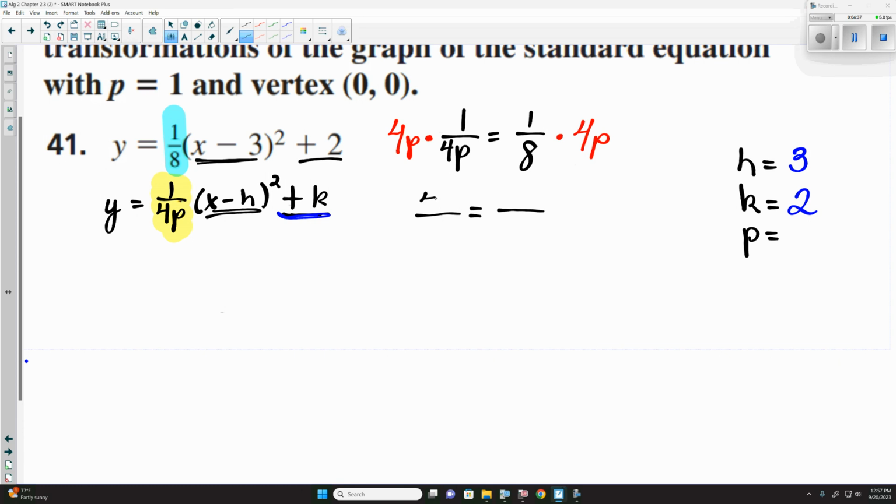But part of the reason for that is because if we multiply 1 over 4p by 4p, the 4p multiplies with the numerator, our 1, giving us 4p on top, 4p on bottom. On the other side, we're going to multiply the 1 on top by 4p. So we get 4p over 8. Now anything divided by itself, 4p divided by 4p is 1. Now the 4 over 8 will reduce to 1 over 2.